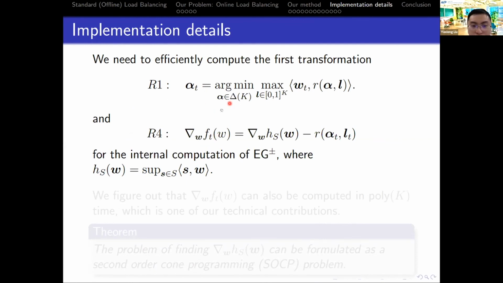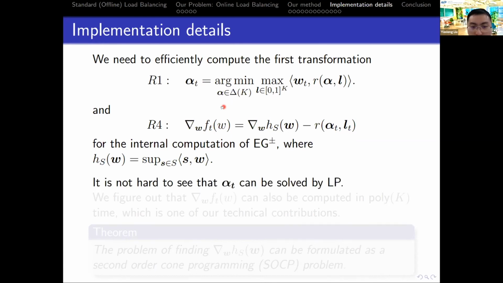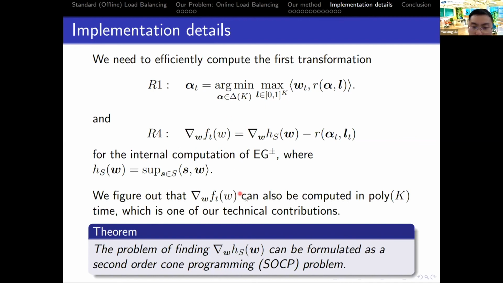For alpha T, it's very trivial, as we can use linear programming. And for R4, we should use second order cone programming to calculate the subgradient of HSW here. Therefore, we can guarantee that our algorithm is efficient.